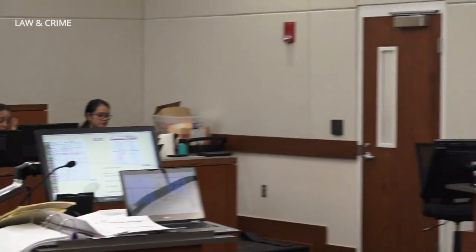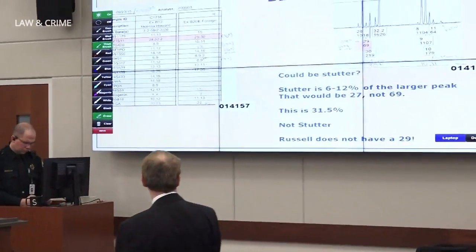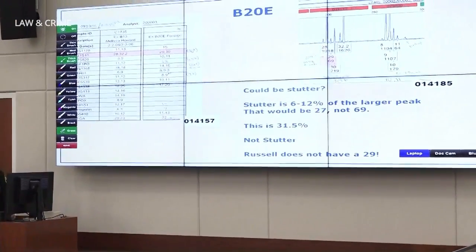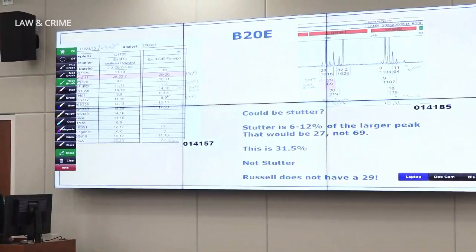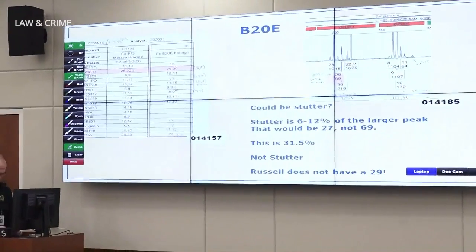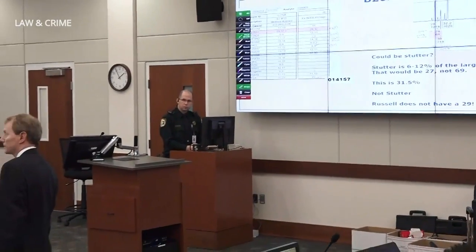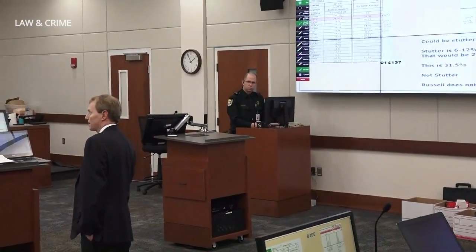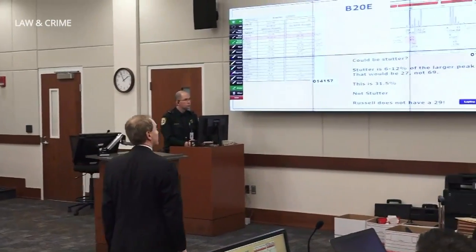Isn't that right? Yes. Okay. So I'll give you 12%. 12% of that 219 would be a 27 peak height, correct? What I meant to say is that the stutter is a smaller percentage if it goes the other direction. That can happen as well, but it's a much smaller percent.